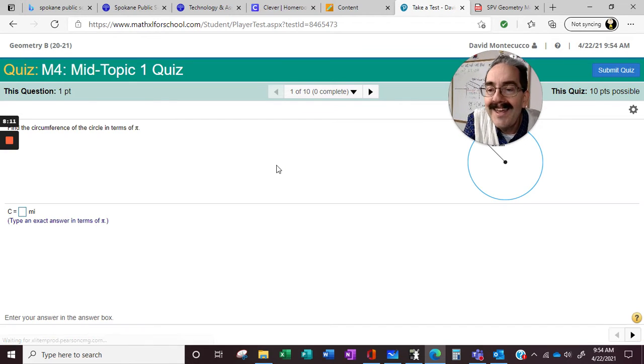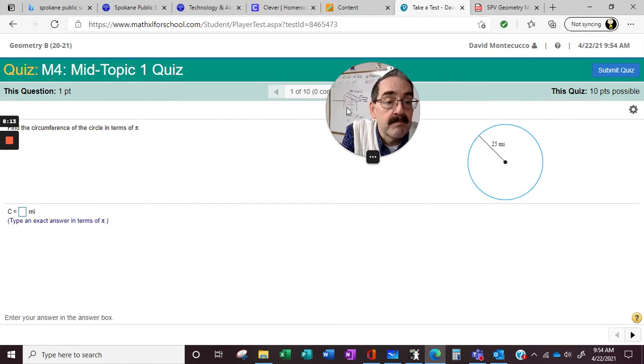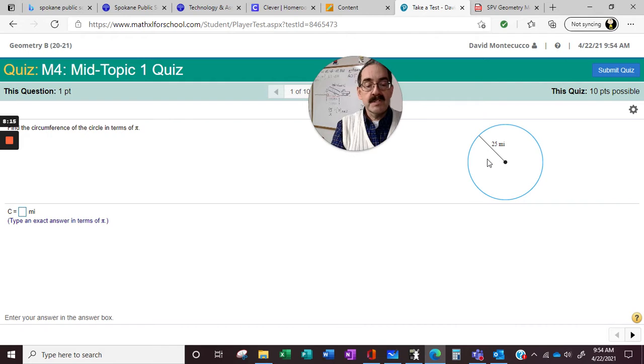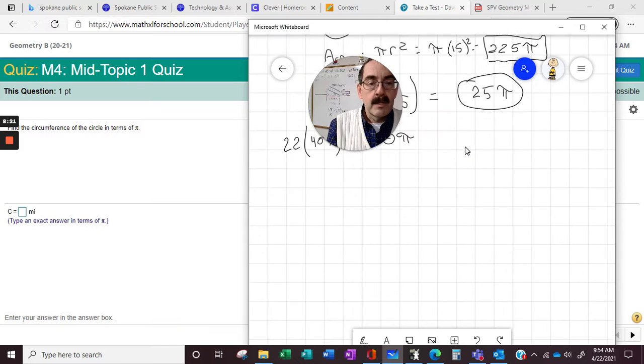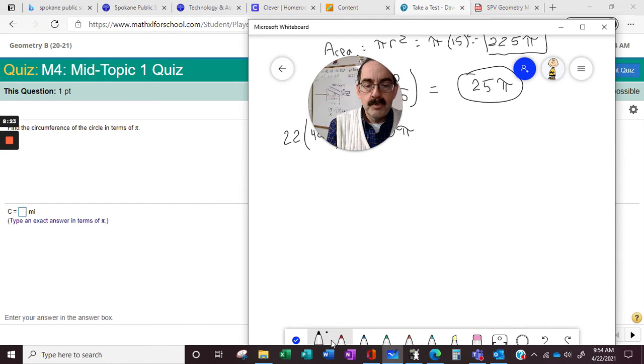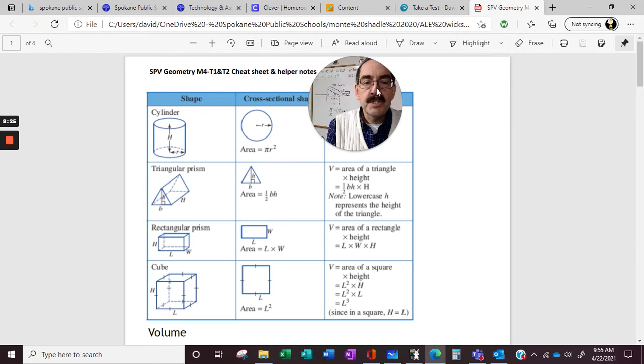Okay, very first problem is definitely nothing more than circumference. Circumference is 2 pi r. And you're wondering, well, how do we know 2 pi r? We go to our cheat sheet, pi r squared, and I wrote it in there. Circumference is 2 pi r. So on your cheat sheet, you'll have that.